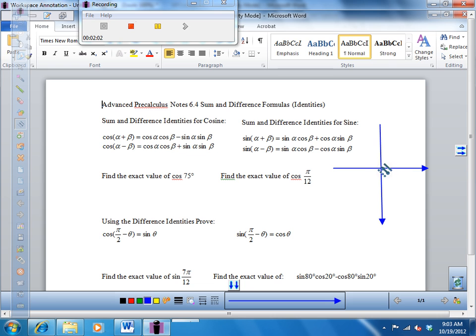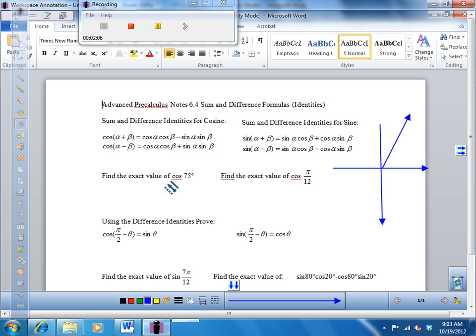For instance, the cosine of 75. We don't know the exact value of cosine 75 because it's not a point on our unit circle, okay? However, you can use these formulas to figure it out, because I know two angles, whose cosine and sine I know, that add up to 75.